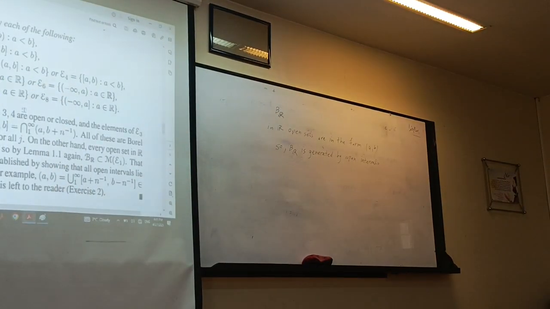Here the Borel sigma algebra on R is generated by each of the following.